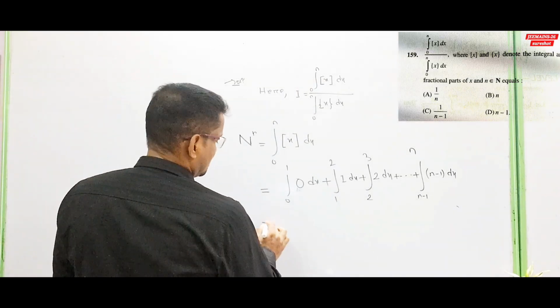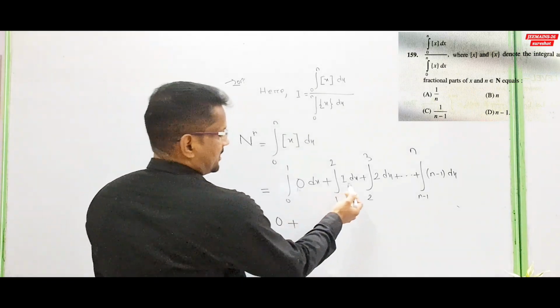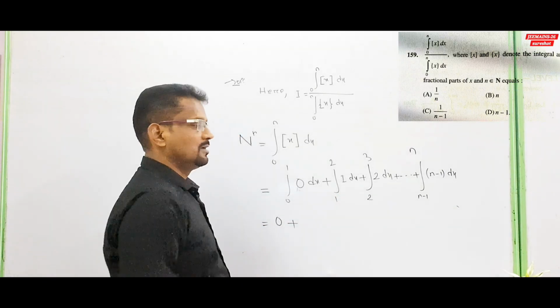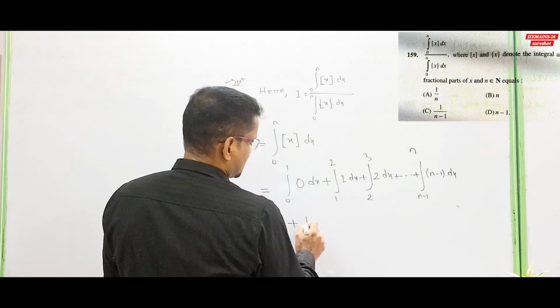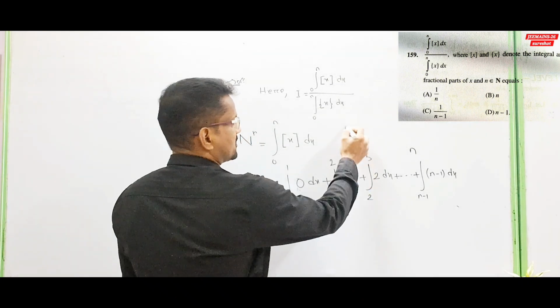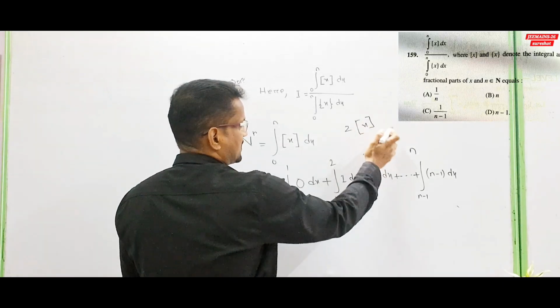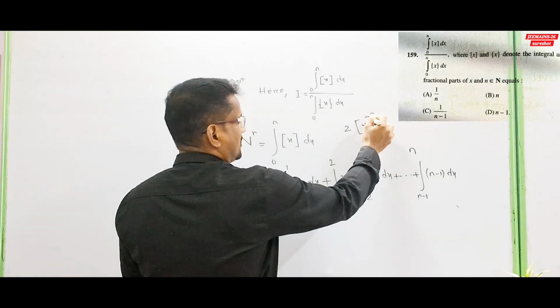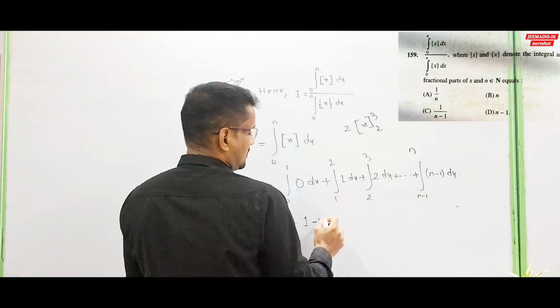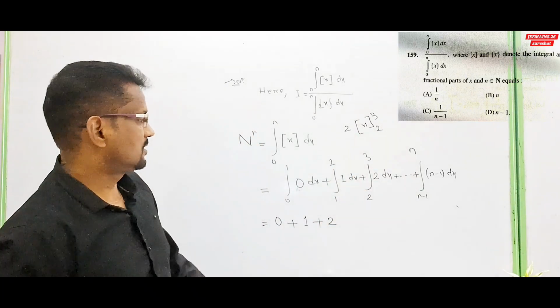Now it is 0, plus the integration of dx, that will be x, and the limit gives 2 minus 1, that is nothing but 1. Plus 2 is a constant taken out, and it is the integration of dx only, that is x, with limit 2 to 3, that is 3 minus 2, which is 1. 2 into 1 will be 2. Now I think you understood the fact.